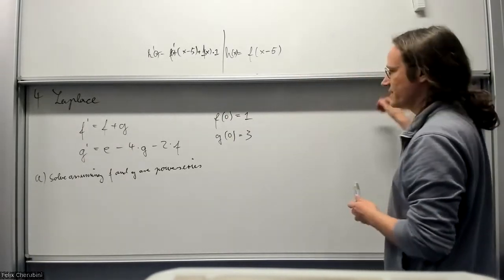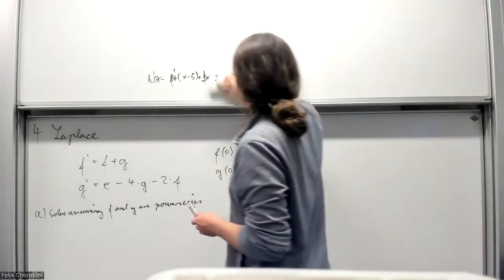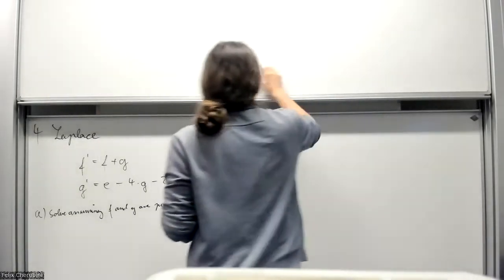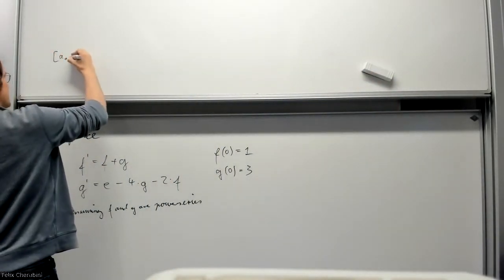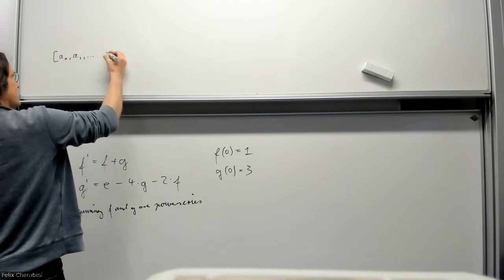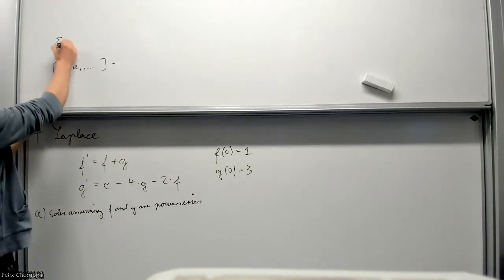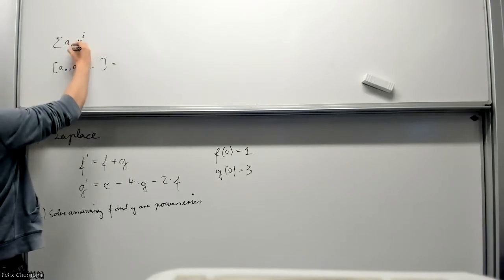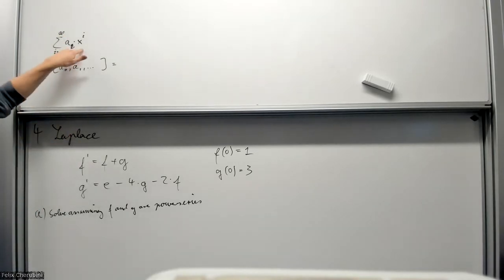So maybe let's briefly remind ourselves what we can do with power series. If you have a power series, which is given as a list of coefficients, you can certainly derive it. Deriving you can do with each summand separately.